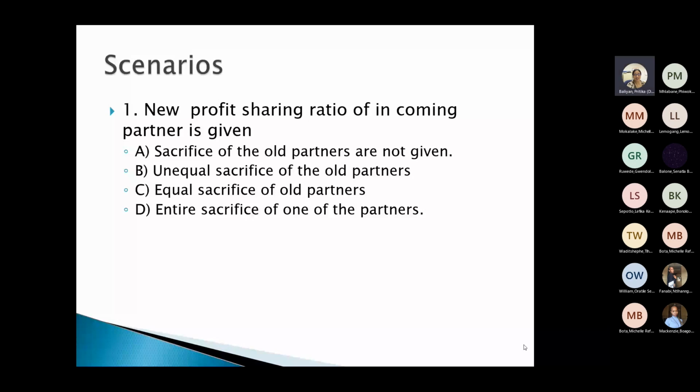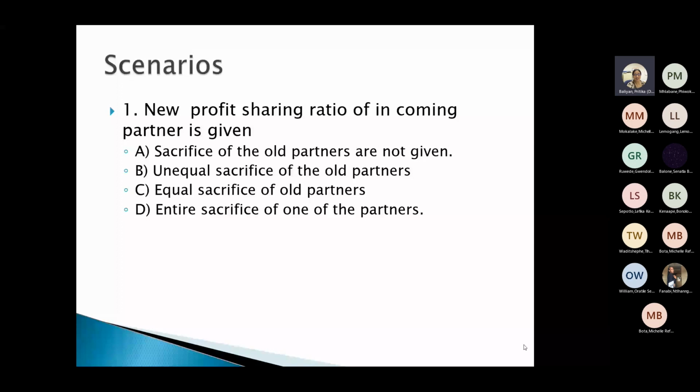They may be sacrificing by different ratios or different amounts. The new profit sharing ratio can also be calculated when all partners are sacrificing equally. Sometimes they sacrifice equally as per the terms and conditions of the partnership, or maybe only one partner sacrifices his proportion to the new partner.